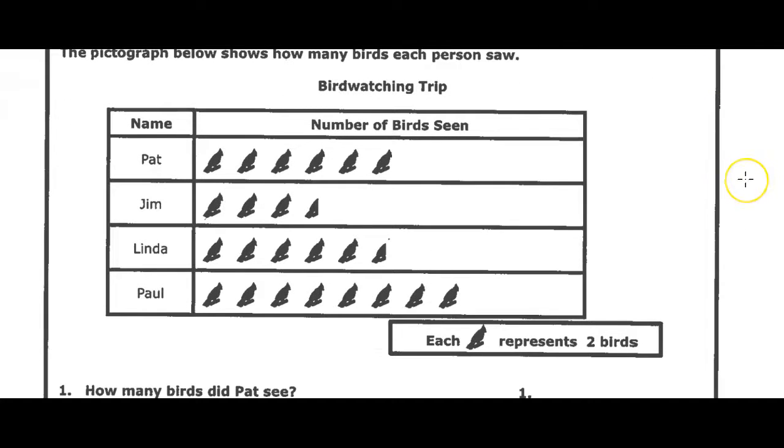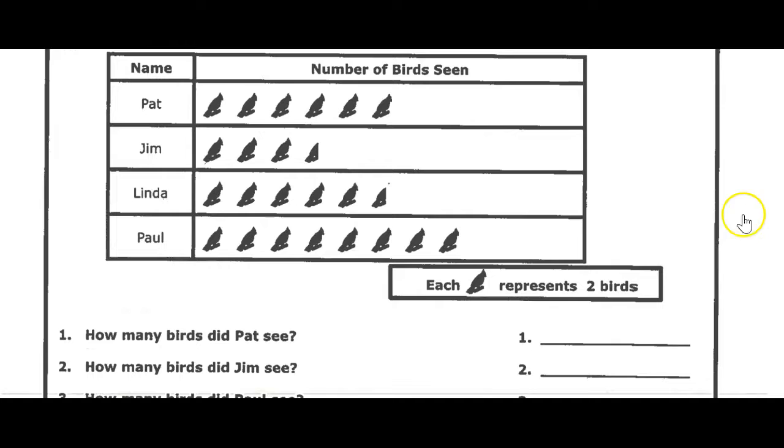And this is a picture graph. Okay, each bird represents 2 of them. So technically it is 2, 4, 6, 8, 10, 12. So there's 12 here. Here I have 2, 4, 6, 6 and a half. So 6 plus 1 more would be 7.